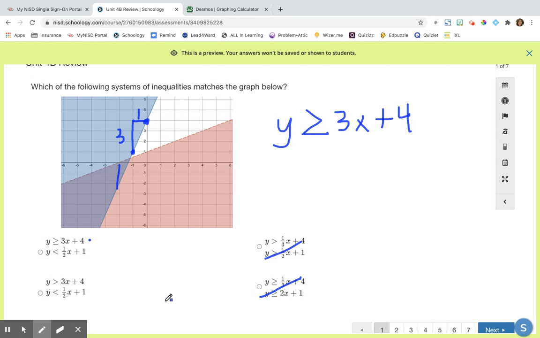But just so that we can practice a little bit more, I want to look at the red one also. So that one goes through plus 1. Then if I want to find slope, I need another point. So right here looks good. And I go up 1 and over 2. So the slope is 1/2 x.